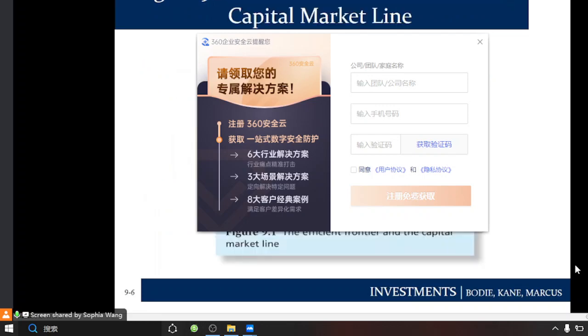So we can find that just now we have already explained this line and this curve in chapter 3, right? This is the best point. That means you can find the best trade-off in the efficient frontier.